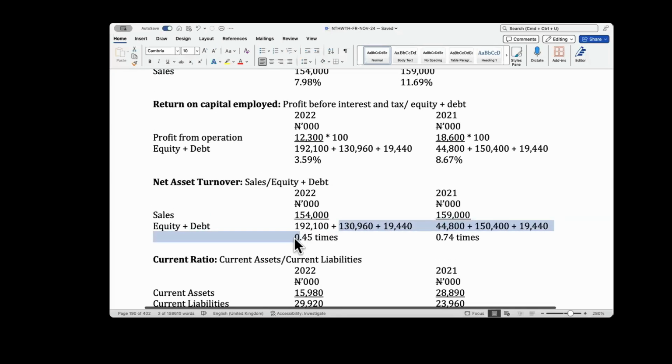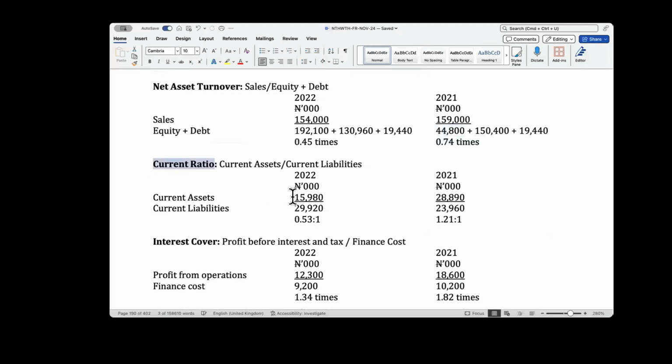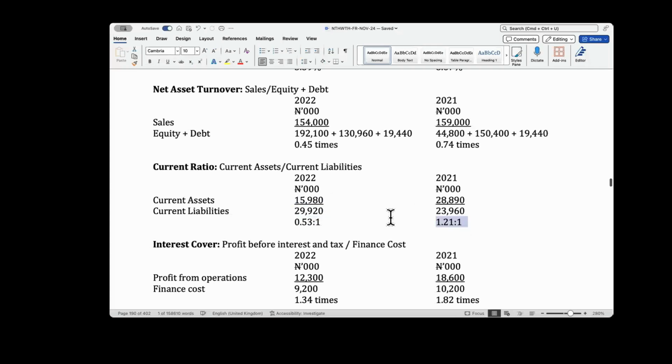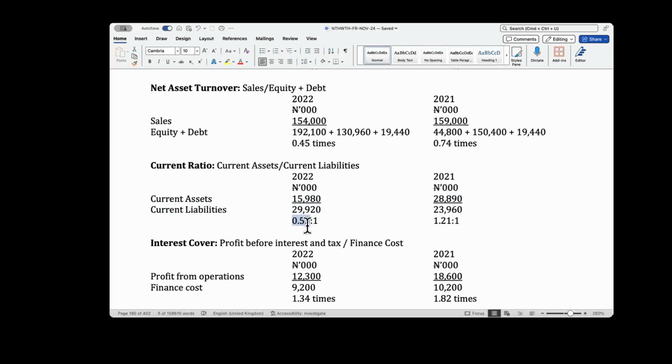I got 0.45 times and 0.74 times. Then my current ratio, which is current assets over current liabilities: 0.53 ratio 1 in 2022 and 1.21 ratio 1 in 2021. By the time you do this on your calculator, what it will give you is 0.53, so you must remember to put ratio 1 there.